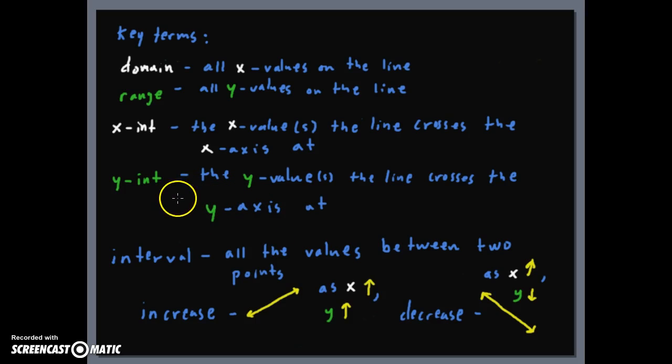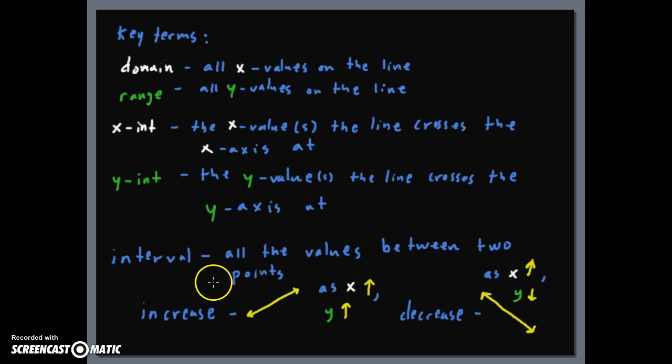Similar to the y-intercept, except we're talking about the y value the line crosses the y-axis at. And if it crosses multiple times, then you already know it's not a function, because when x is 0, x has two outputs, 2 y's or 3 y's, however many times it crosses, so it wouldn't be a function.